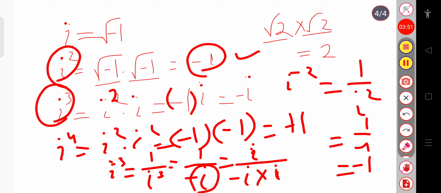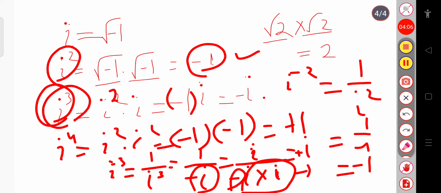I into i means i square, which is minus 1. With this minus 1, this will become plus 1, that is equal to plus iota. Here i cube is minus i, but i power minus 3 will be equal to plus iota.